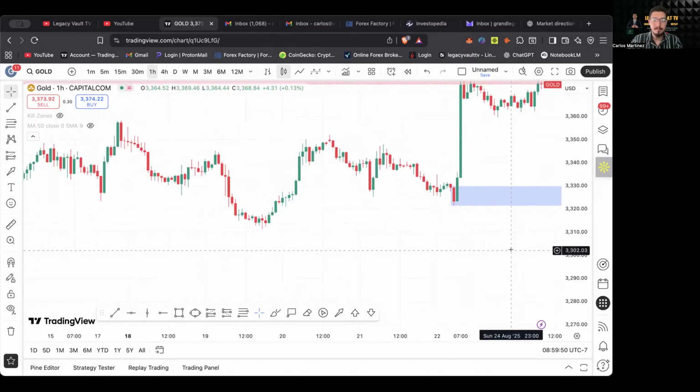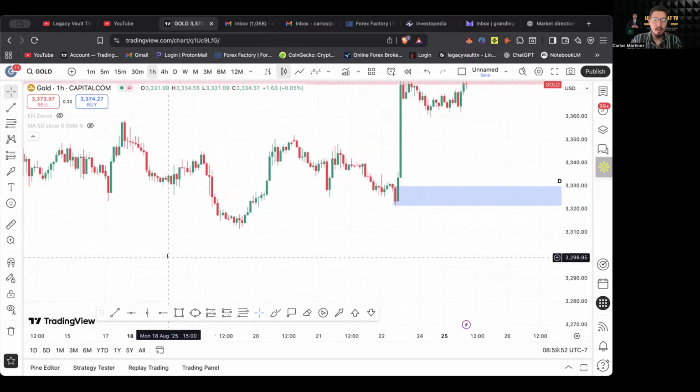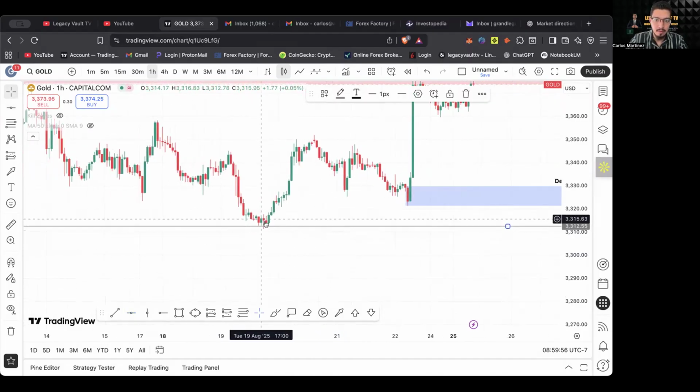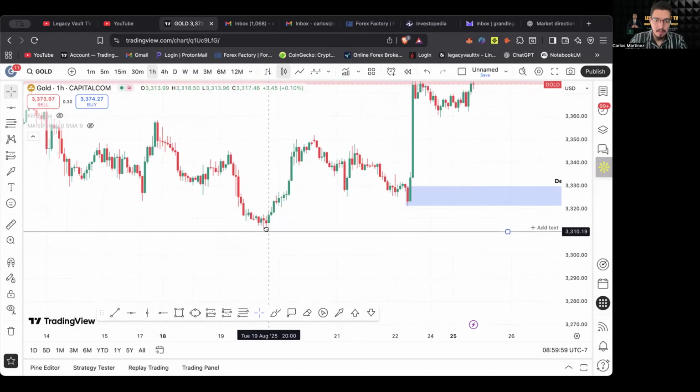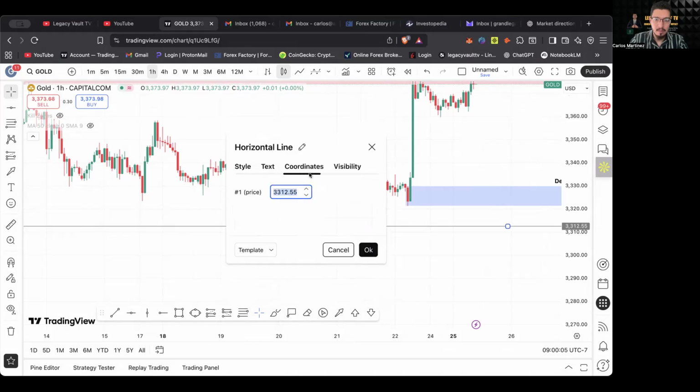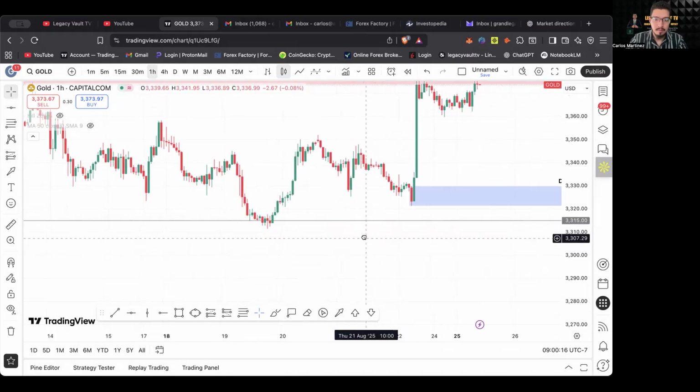Now, support and resistance, you can just draw out a horizontal line, right? This is considered a support. And you can type in a specific price, especially for gold, you can just round it up to the nearest whole number. Or see here, every $5. There you go.